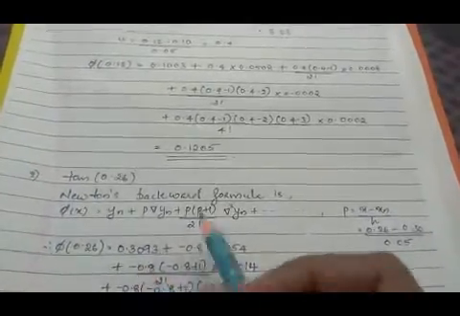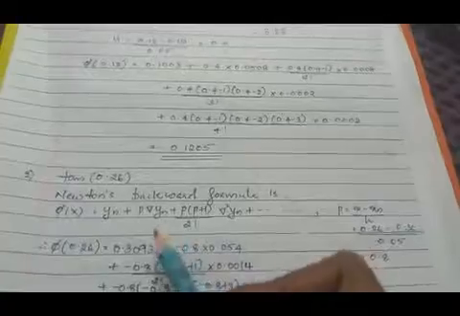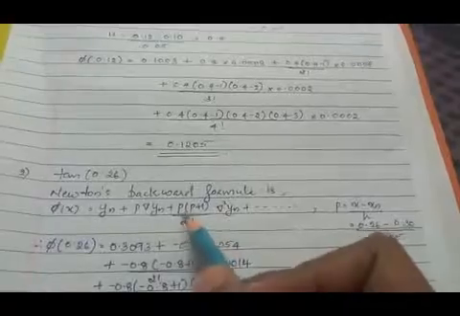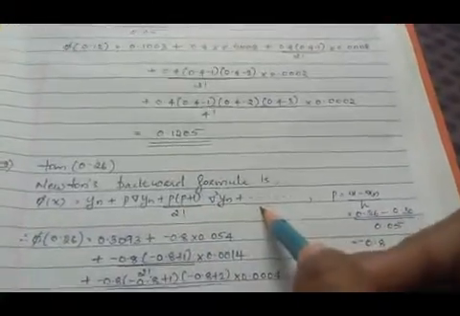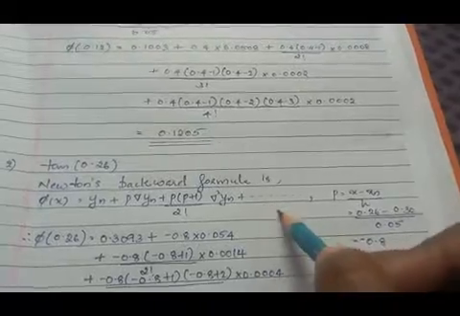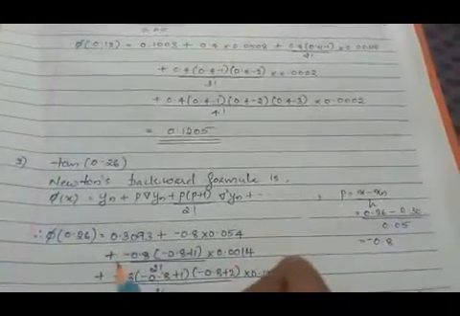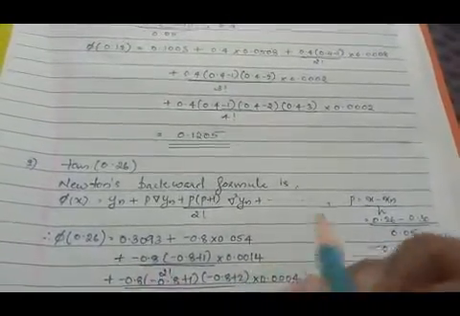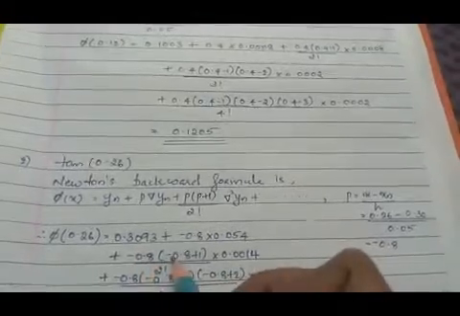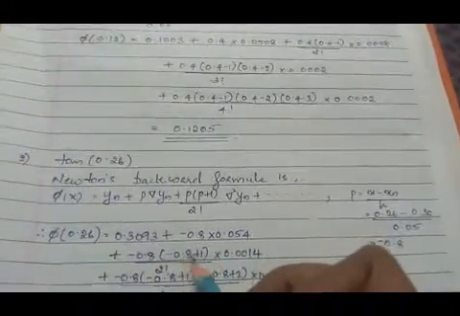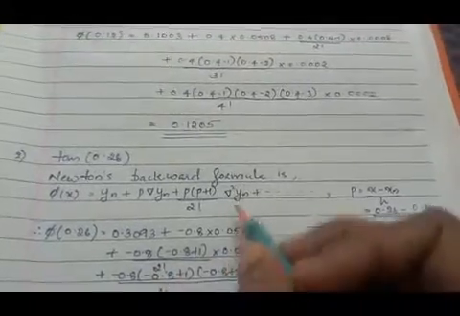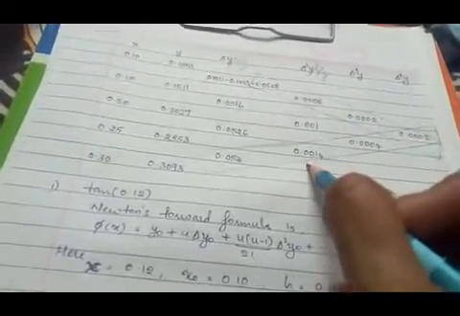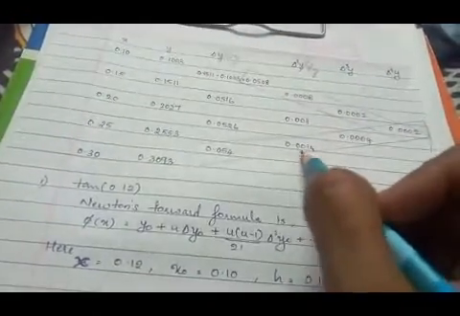Then the next term is, here p goes by adding, right? If we have used p, the next term will be p into p plus 1 by 2 factorial. Next will be p into p plus 1 into p plus 2 by 3 factorial, and so on. So here we can substitute the value of p as minus 0.8: minus 0.8 into minus 0.8 plus 1, that is p plus 1, divided by 2 factorial into del squared yn. The value of del squared is the last value of the second difference, that is 0.0014.